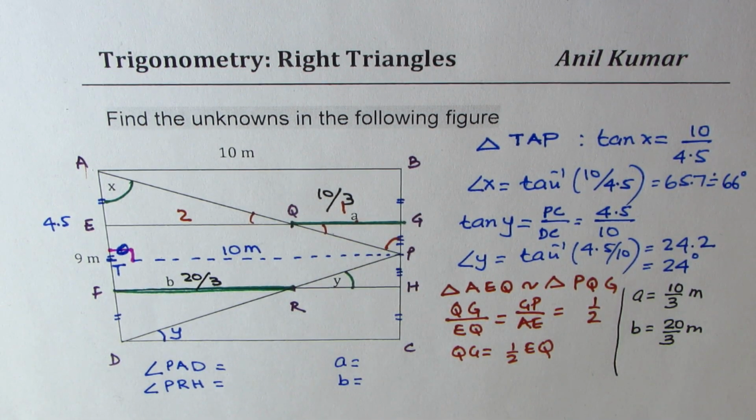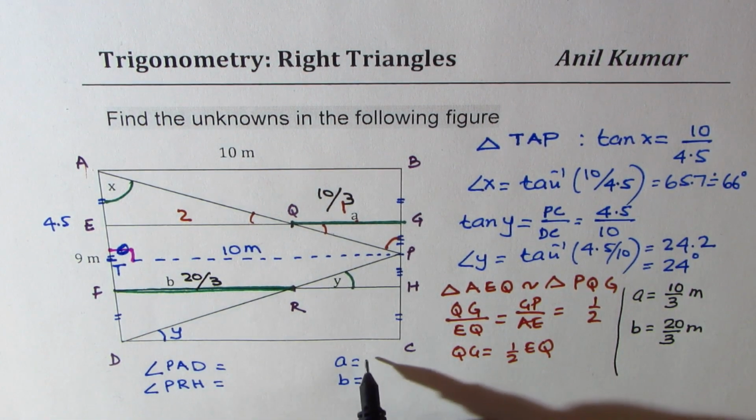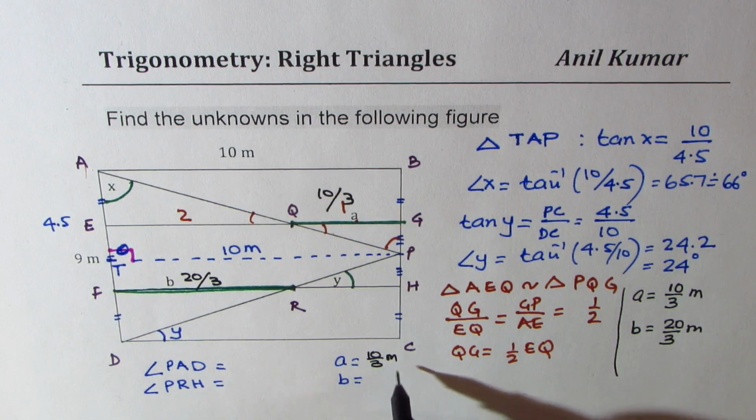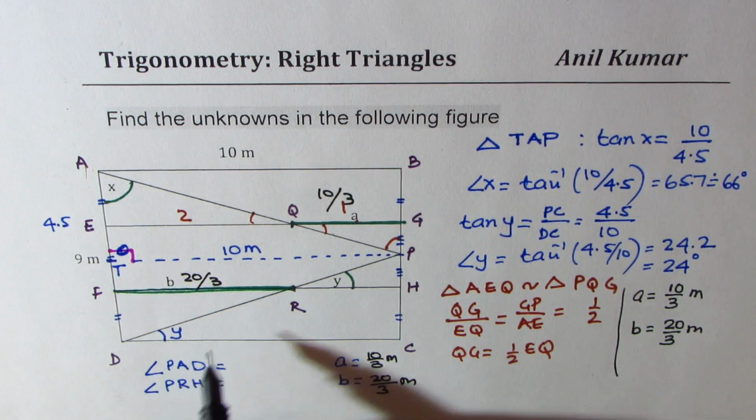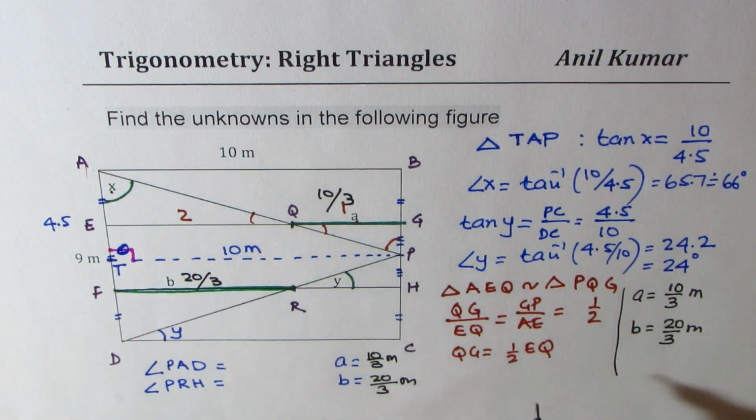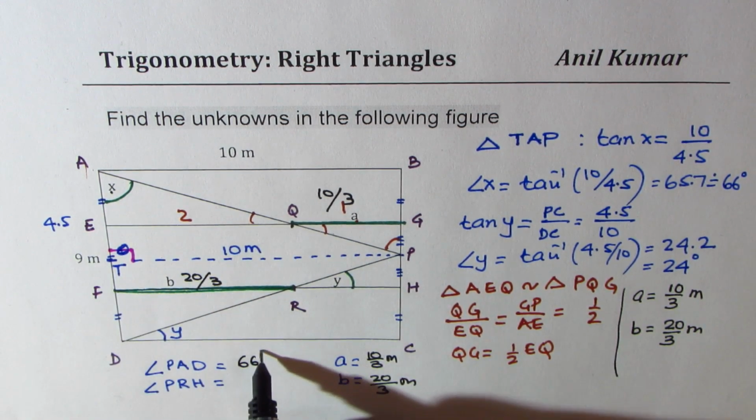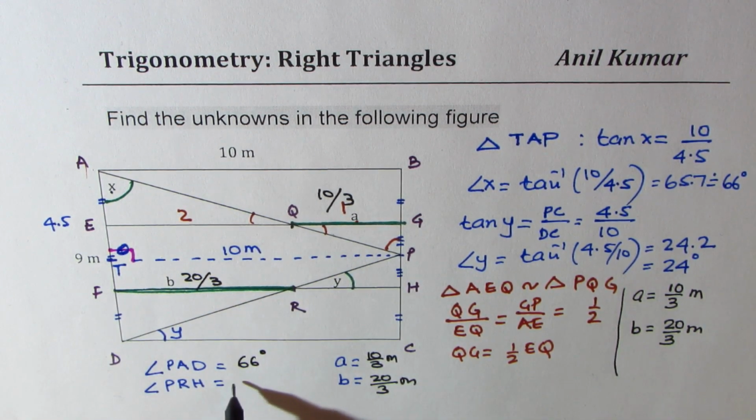So that is how you could answer this question. So we have A as 10/3 meters, B as 20/3 meters, angle PAD, this angle here, is 66 degrees, rounded to whole numbers, and PRH is 24 degrees.